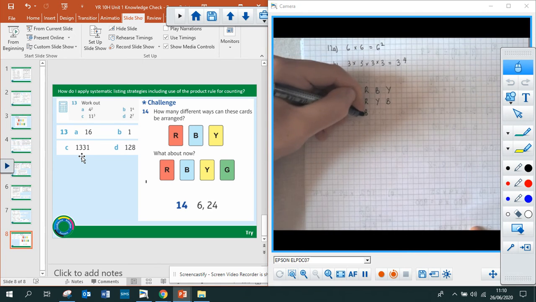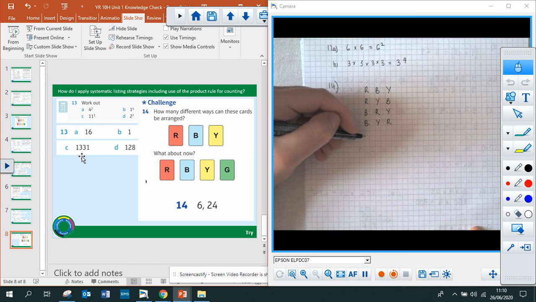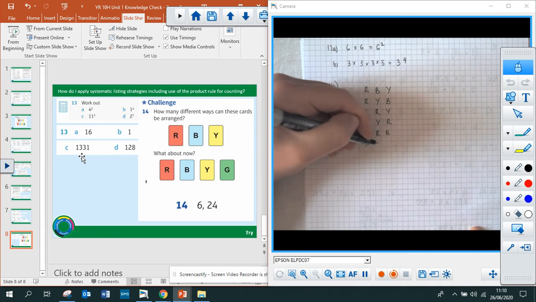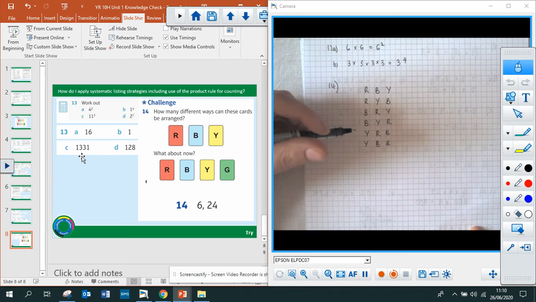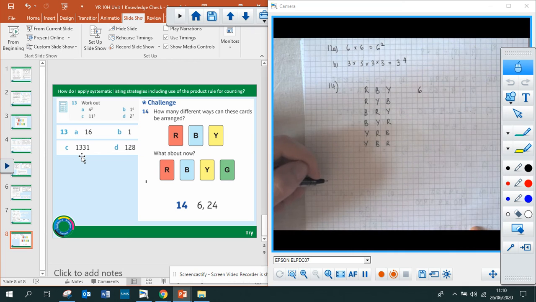Then we could start with blue, and we could have blue, red, yellow. Carry on starting with blue, we could have blue, yellow, red. Finally, we could start with yellow and have yellow, red, blue, or we could start with yellow and have yellow, blue, red. So we have 1, 2, 3, 4, 5, 6 options, okay? So 6 ways.